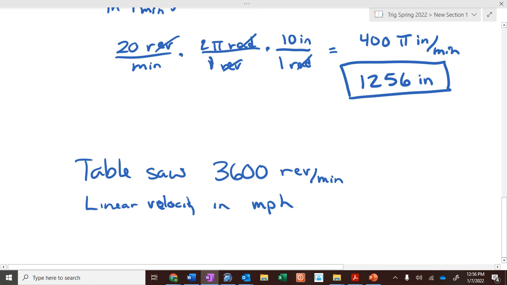Imagine you tip that table saw upside down and let the blade push it down the road. If it's going 3,600 revolutions per minute, how fast would that table saw be going down the road? How many miles per hour would that be if it had an 8-inch diameter blade?